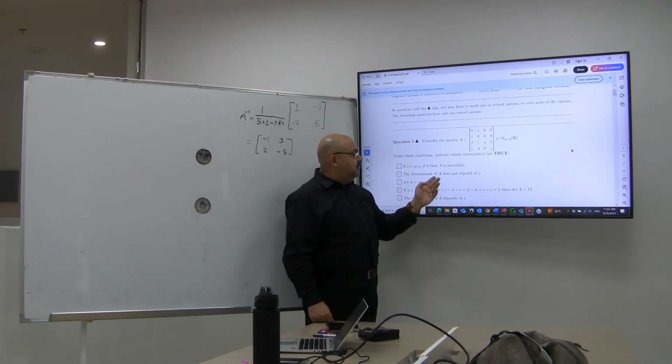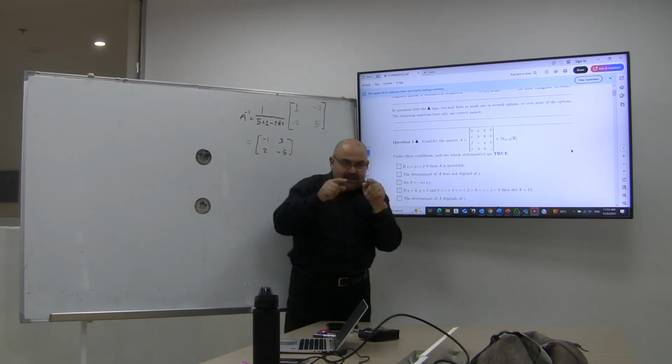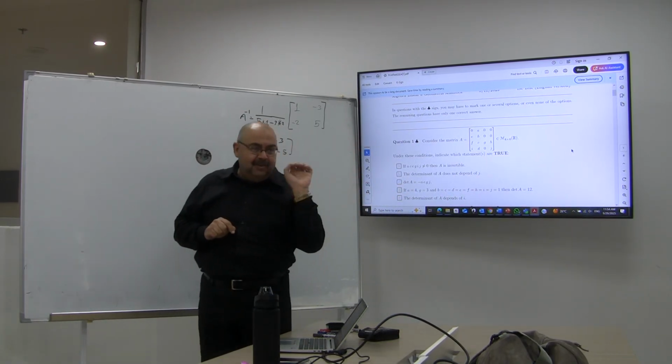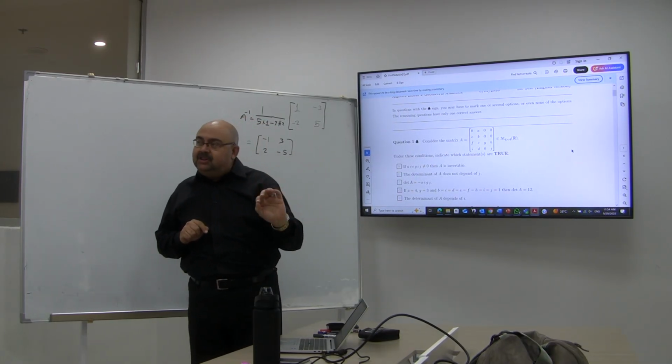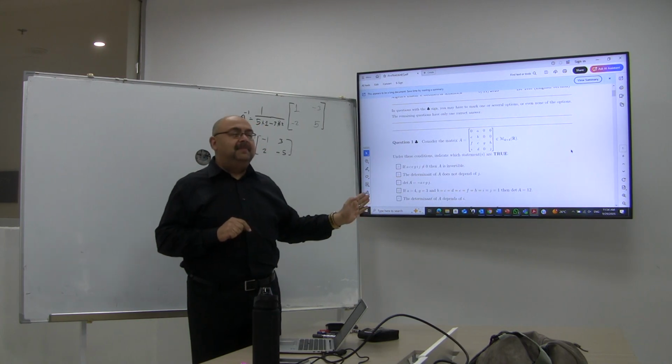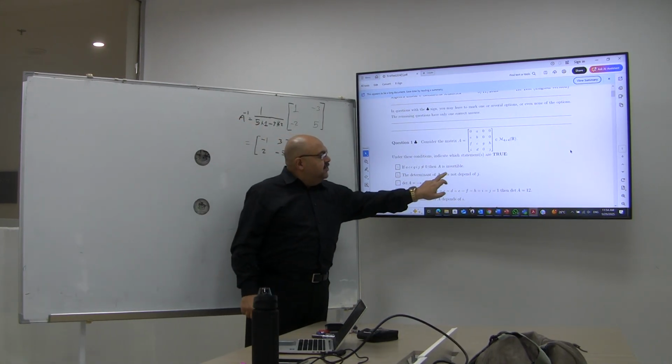The determinant of A doesn't depend on J. Once more, he is leading you to expand or find the value of the determinant of this matrix.